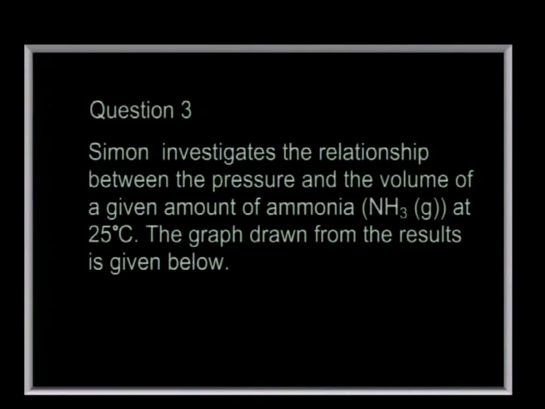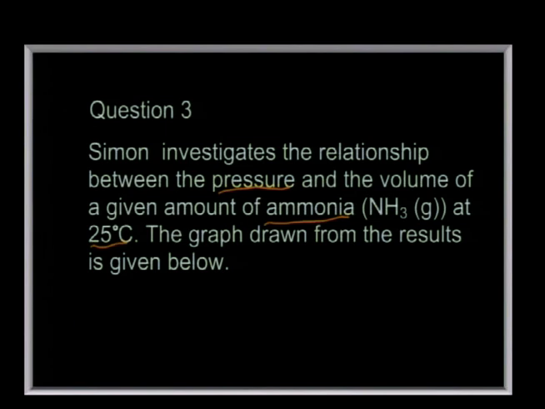Okay, let's check now. We've done question 2. What about our next example question, which is question number 3? What does it have to say? It says, Simon investigates the relationship between the pressure and the volume of a given amount of ammonia gas, NH3, in its gas form, at 25 degrees Celsius.